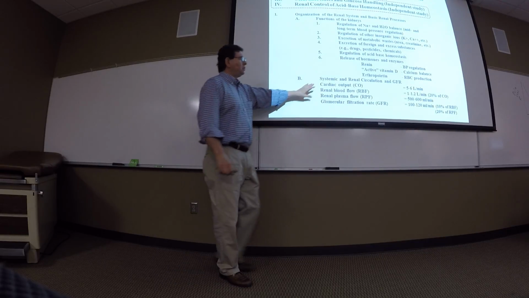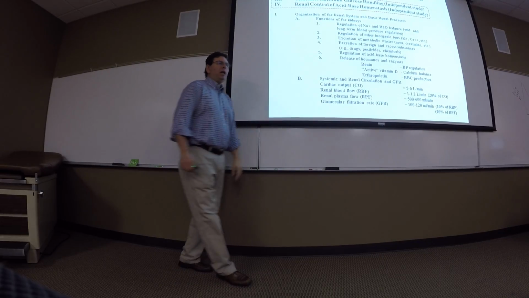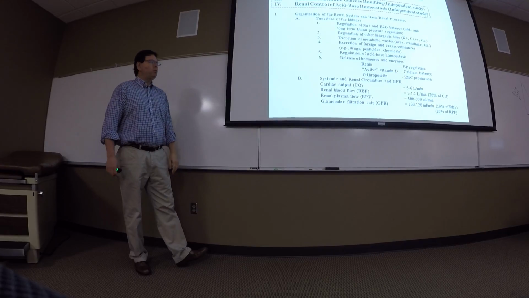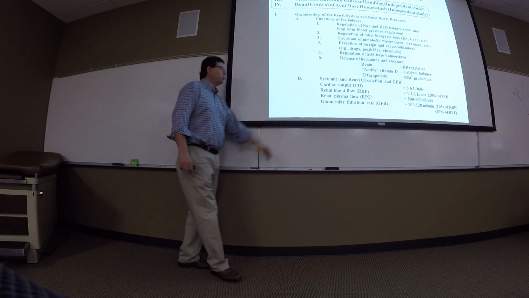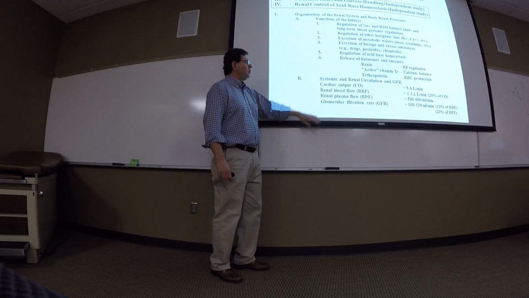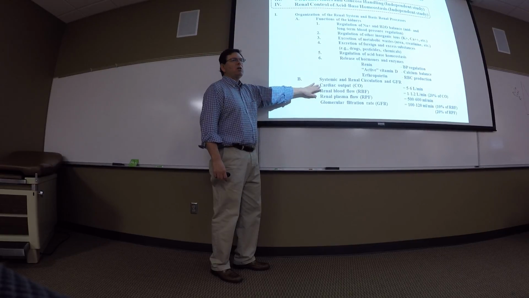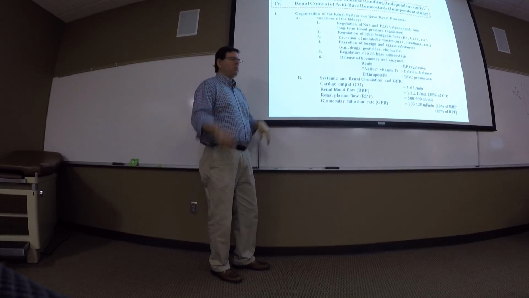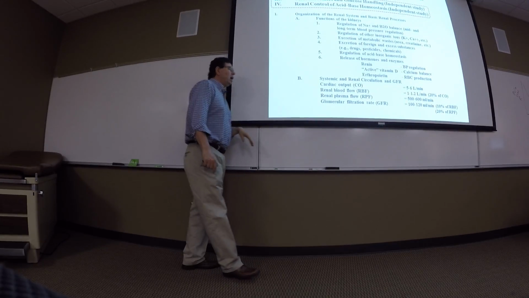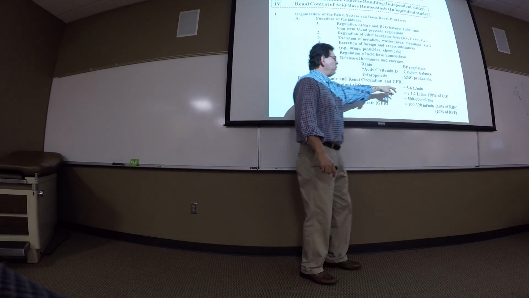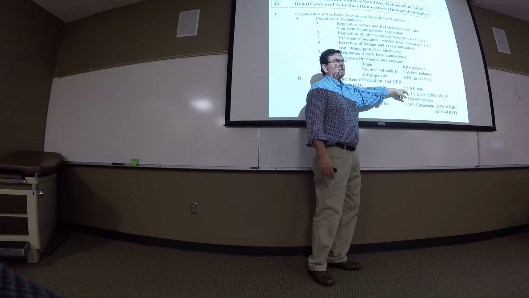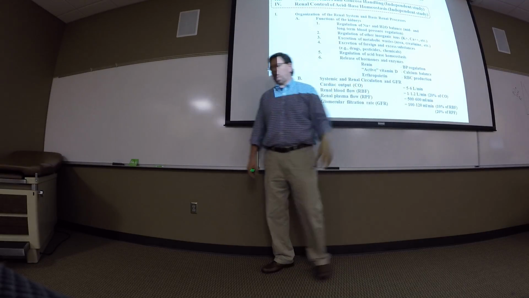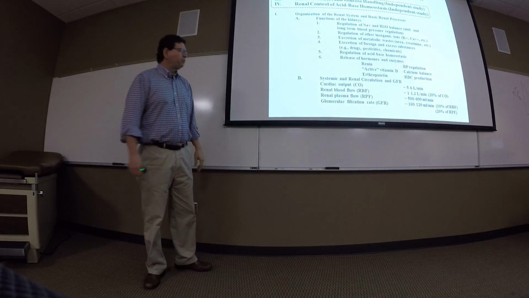Now, this is partially a review of things we've seen before with a couple of new things thrown in. Let's say your resting cardiac output as you sit here for a 70 kilogram person. That person's cardiac output, what's being pumped out of that left ventricle every minute? 5 to 6 liters of blood every minute.